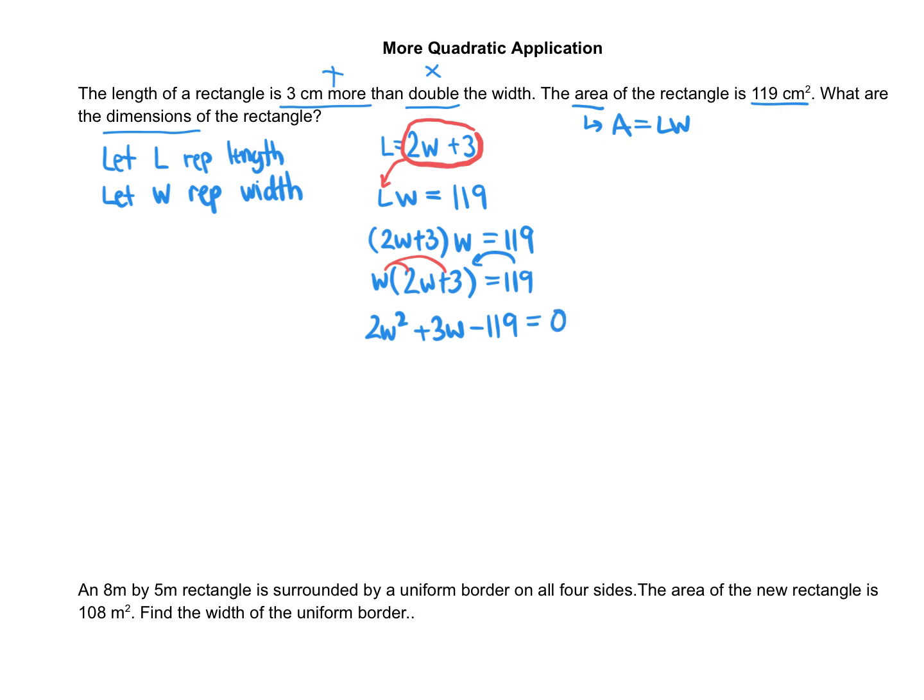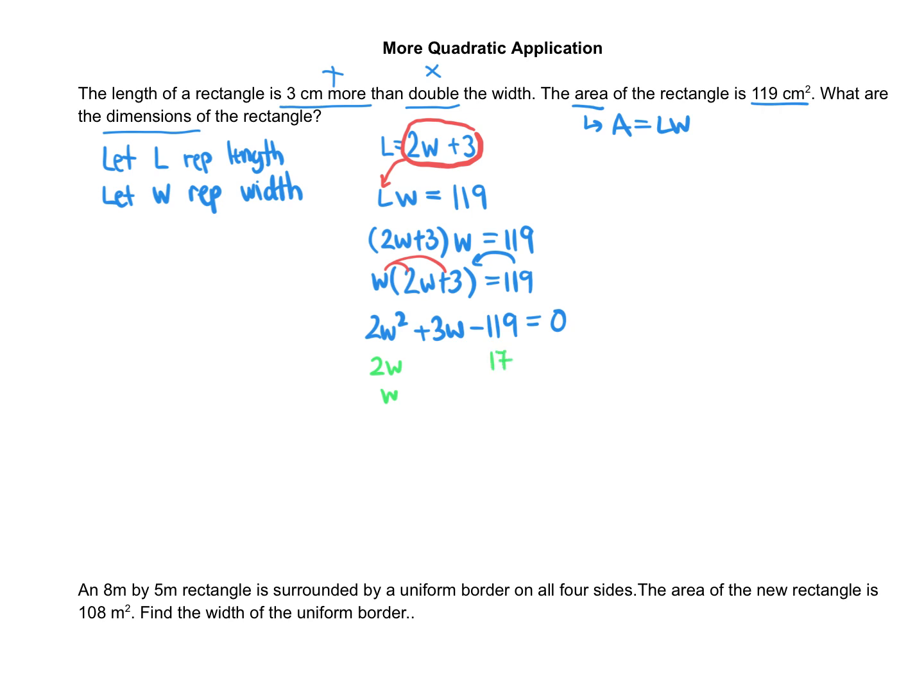Now I can do a little crisscross. So 2W times W for sure. And then for 119, I'm going to take that number and start dividing it by different numbers. Not an even one. Maybe I can try 3. Doesn't work. Maybe 7. And 7 gives me 17 times 7. So I know I need to get a middle term that's 3W.